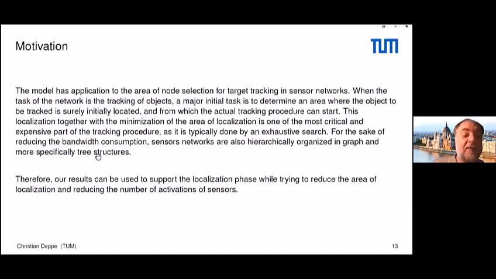For the sake of reducing bandwidth consumption, sensor networks are also hierarchically organized in graphs, and more specifically tree structures. Later, I will show you that we especially look at trees and try to solve the problem and have some solutions. So our result can be used to support the localization phase by trying to reduce the area of localization and reducing the number of activations of sensors.